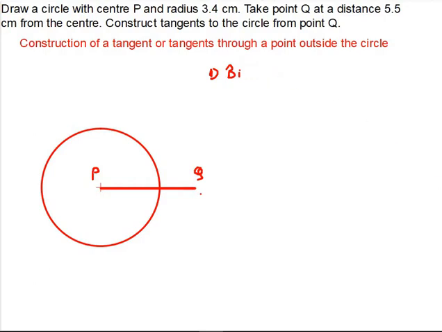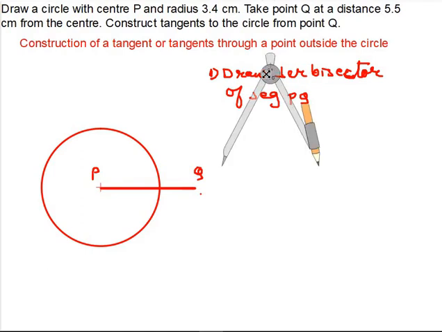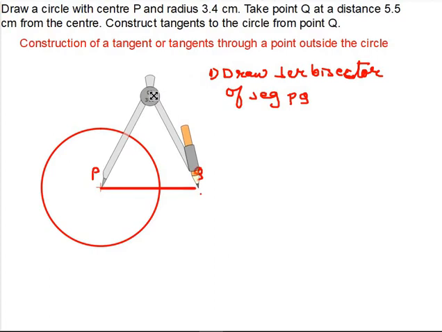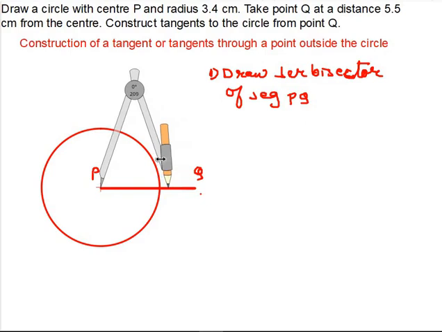Draw the perpendicular bisector of segment PQ. So using the compass, we draw a perpendicular bisector, keeping the steel point on P and taking more than half the distance in the compass.